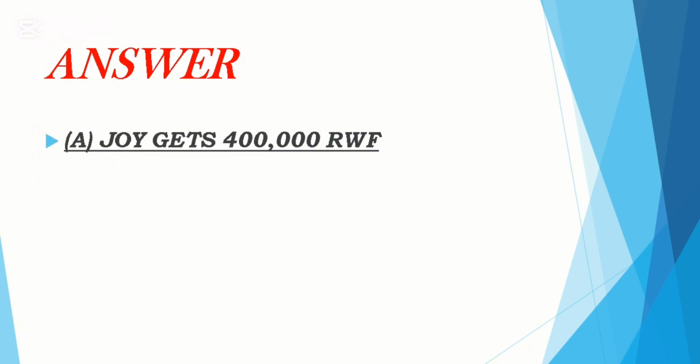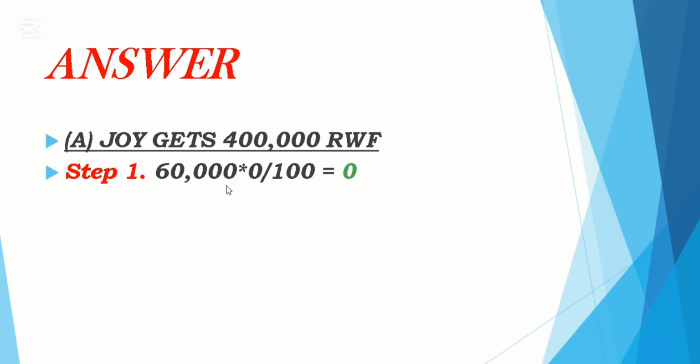We need first of all to subtract 60,000 from Joy's monthly salary, and we pay tax at 0%. That is to say, step number 1, the taxable income will be 60,000 times 0 over 100, which is 0. Like the other taxpayers, Joy also will not pay tax on her first 60,000.